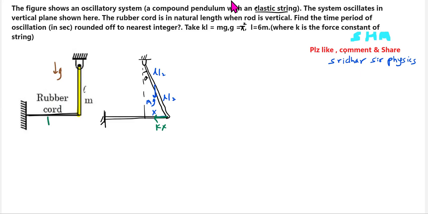And what about the spring force? The rubber cord is elastic, so we can treat it like a spring. The spring force will act here. Then it will oscillate, and the rod will set up a torque. When it comes to the mean position, the rod will have maximum angular speed, and this elastic cord will be unstretched, with no elongation or compression. It will be relaxed.